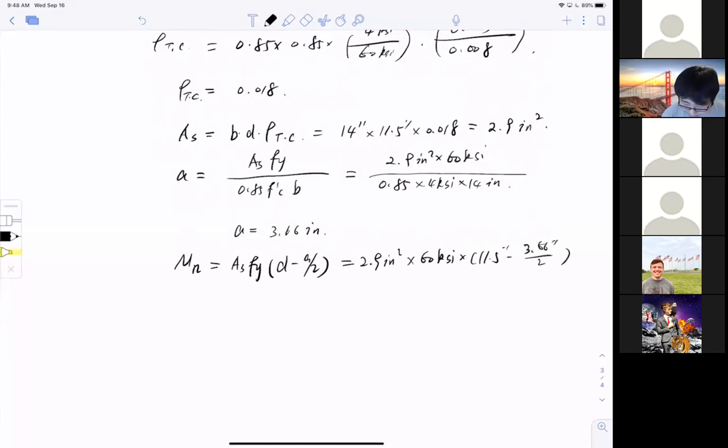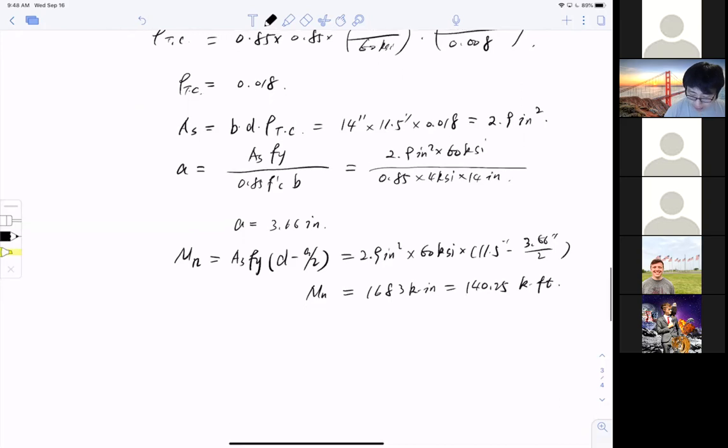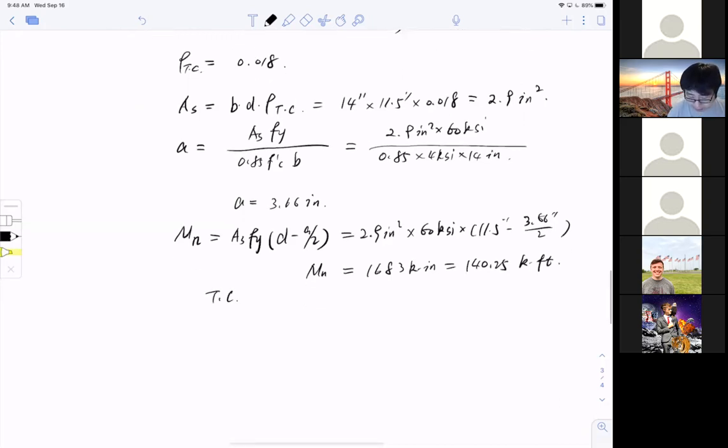I got Mn equal to 1683 kip inch. I want to convert that to feet, so 1683 divided by 12. I got 140.25 kip feet.